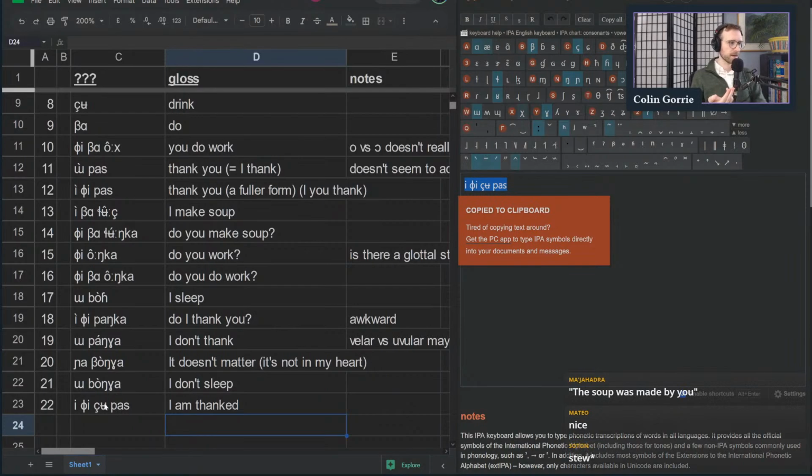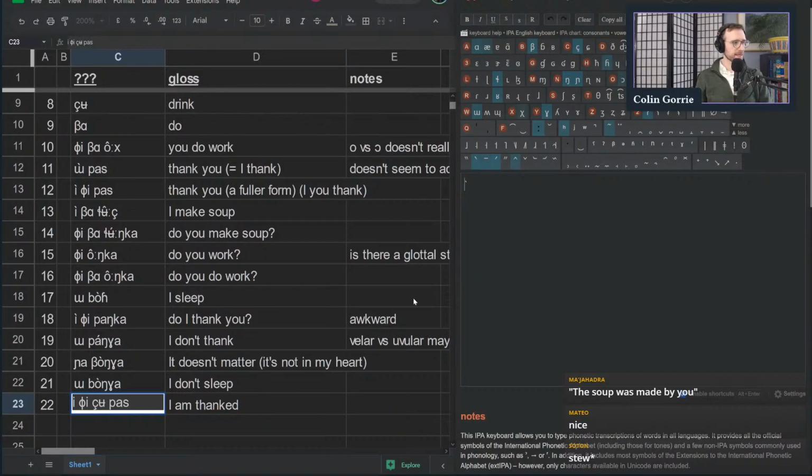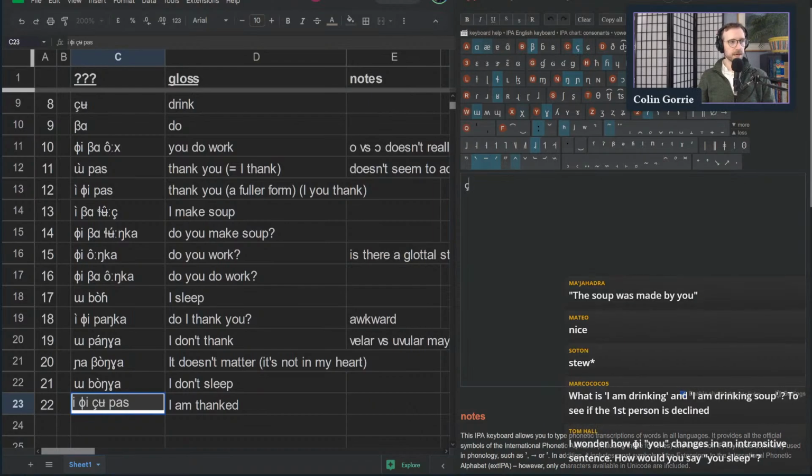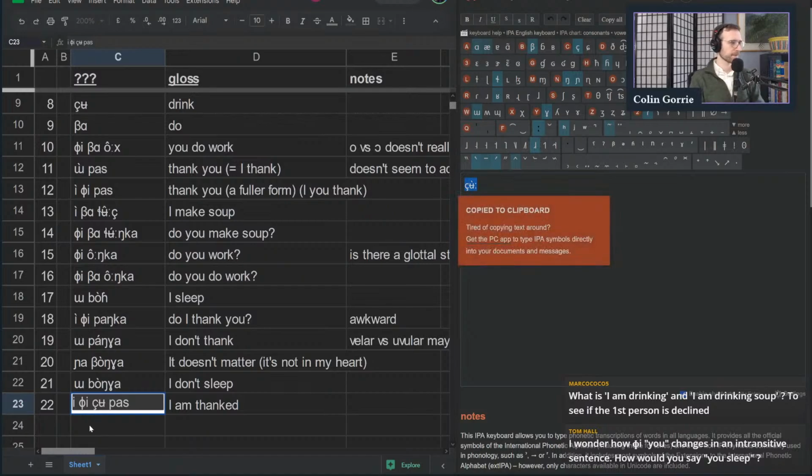Yeah, shu is to drink, and shu means to receive. Ah, I see. Interesting. But it's a little bit different in the sentence also. So you can't say it that way, that's ungrammatical. You have to say if you should pass.